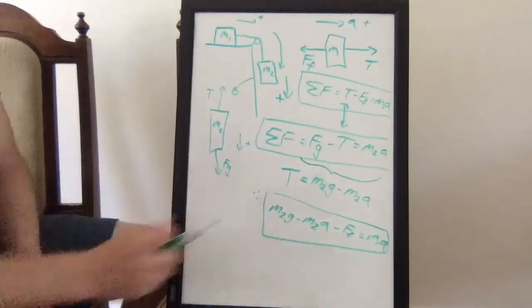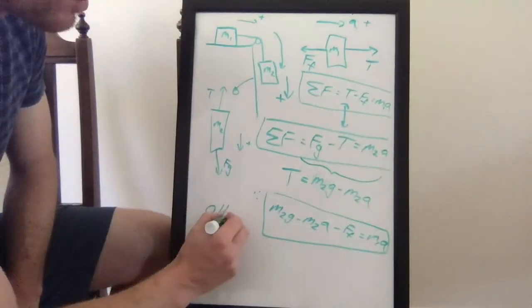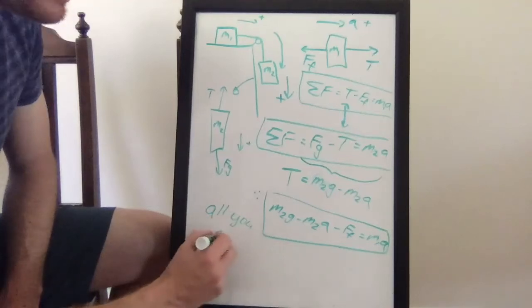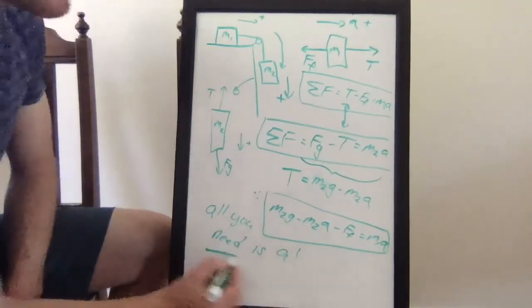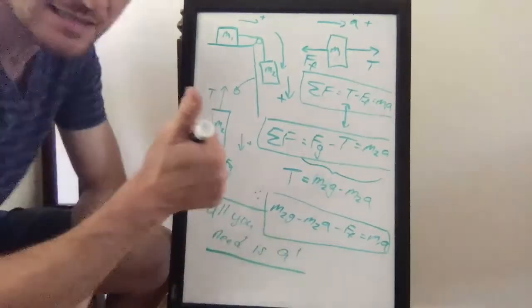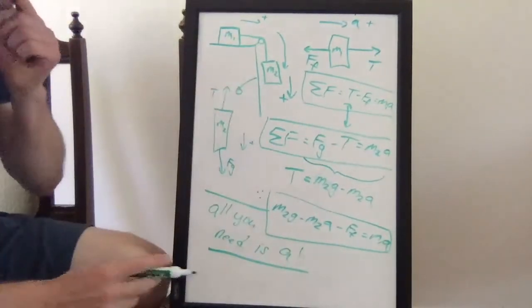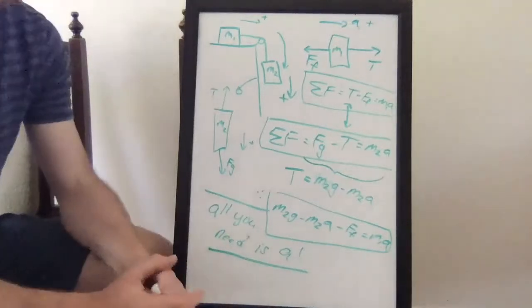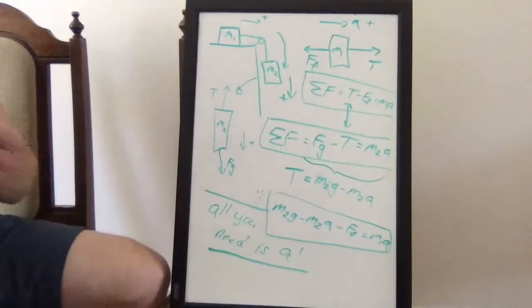We got rid of the tension, so all you need to solve this is the acceleration and the masses. If you know what mass 1 and mass 2 are, and you can find the acceleration, maybe by measuring the distance that the thing slides across the table, right? You've done this before.